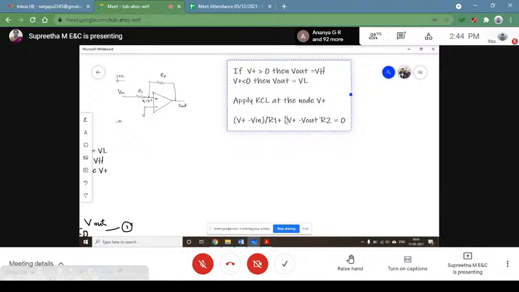Rearrange the input and the output terms to one side and V plus to the other side.